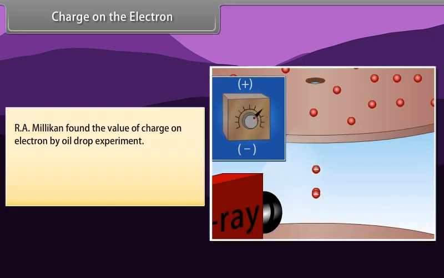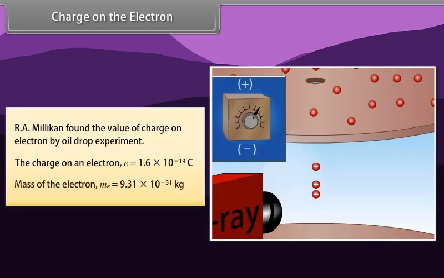The X-rays ionize the molecules of air. One or more electrons thus produced may be absorbed by an oil droplet. Thus, the charge on an electron e is equal to 1.6 × 10^-19 coulomb. Mass of the electron me is equal to 9.1 × 10^-31 kilogram.